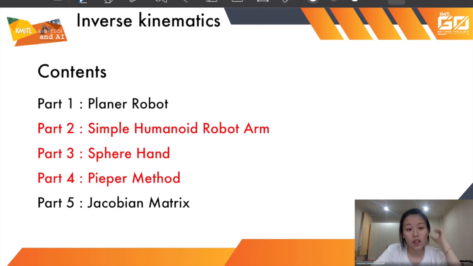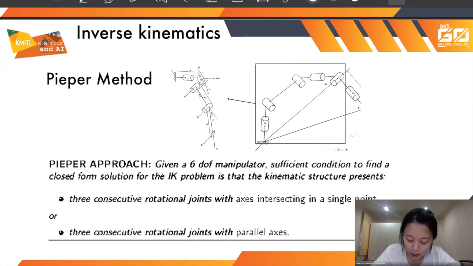The Piper method is a more general method that is useful for a 6-axis robot. And we will use the knowledge that we learned before to do this too. The inverse kinematics using the Piper method is the method that we will use to separate the axes of the robot into two parts, but we use three methods to do it.